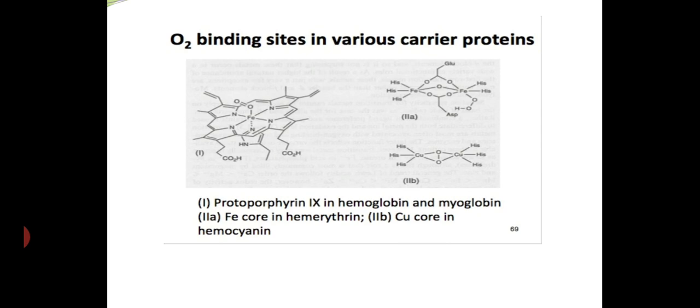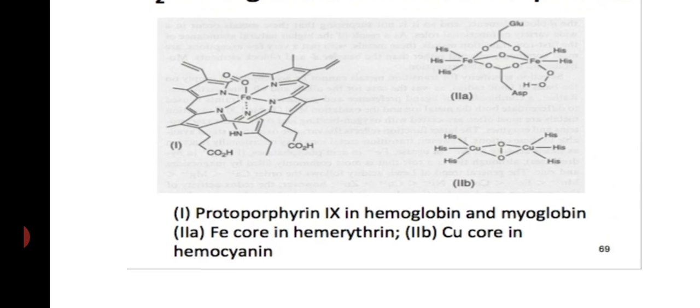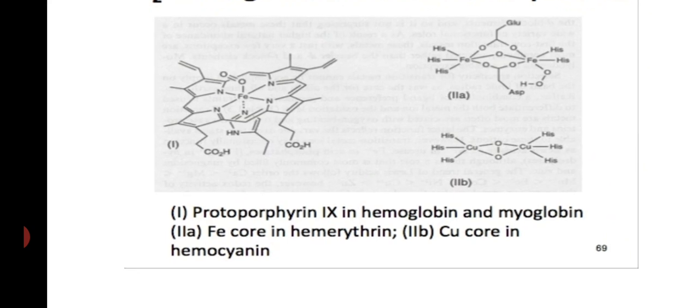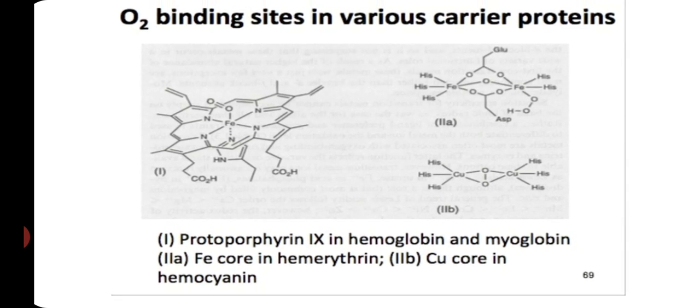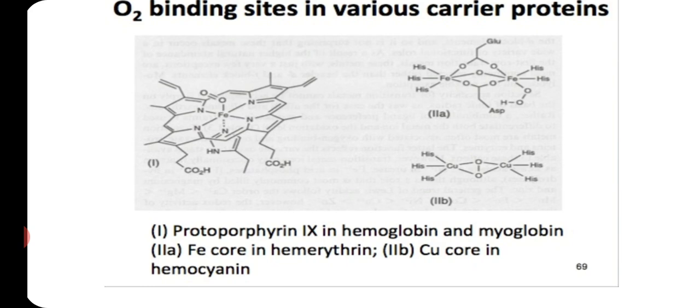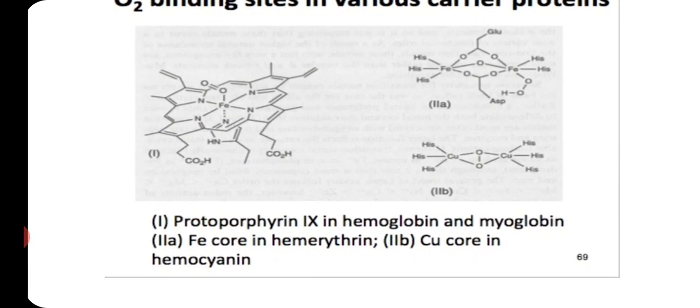In different respiratory pigments, oxygen binding sites are different. Protoporphyrin 9 is the carrier attached in hemoglobin and myoglobin. Next, figure 2A illustrates the iron core in hemerythrin, and figure 2B illustrates the copper core in hemocyanin.